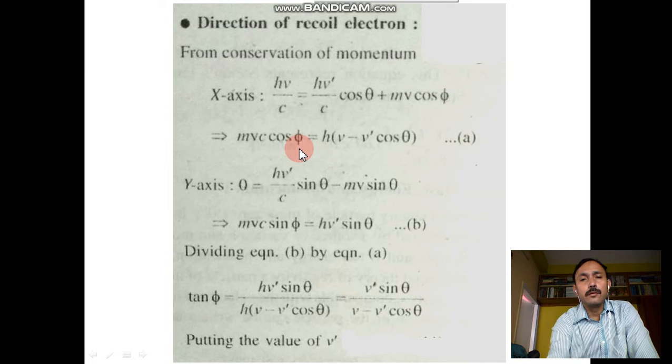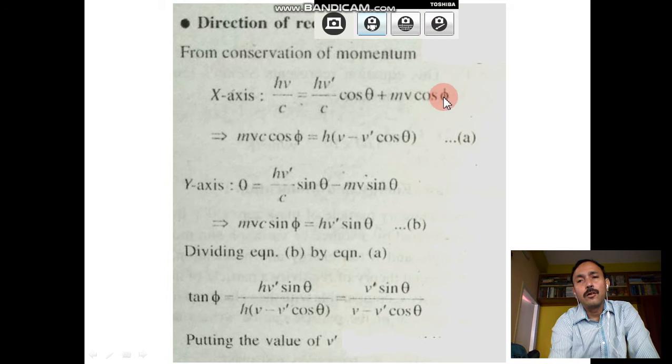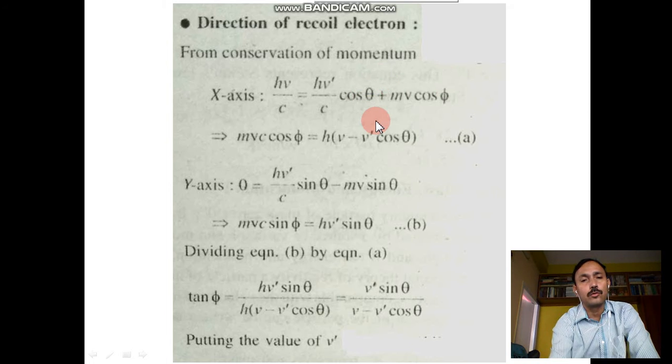After simplification, multiplying by c, this equation becomes mvc cos phi is equal to h times (nu minus nu dash cos theta). Phi is the angle of the recoiled electron and theta is the angle of the scattered photon.